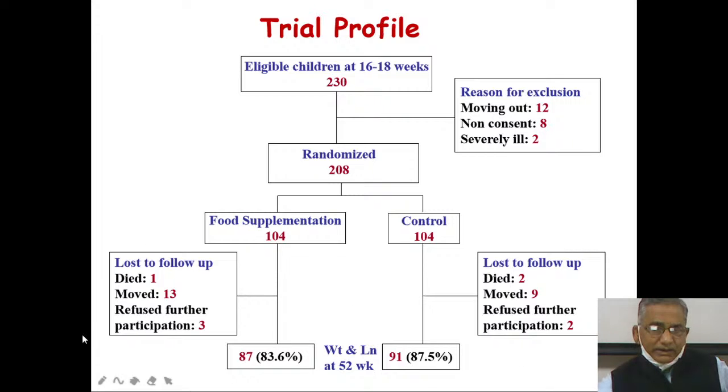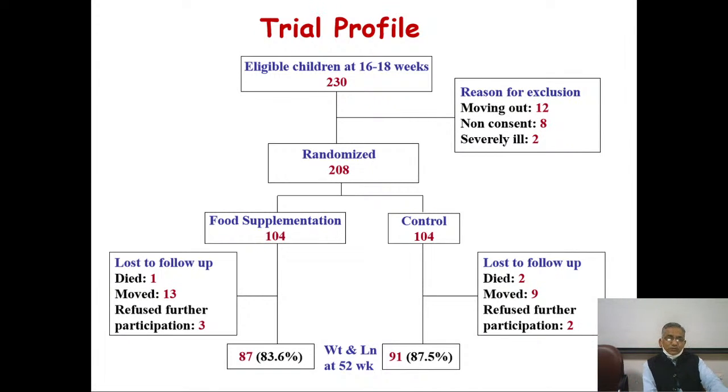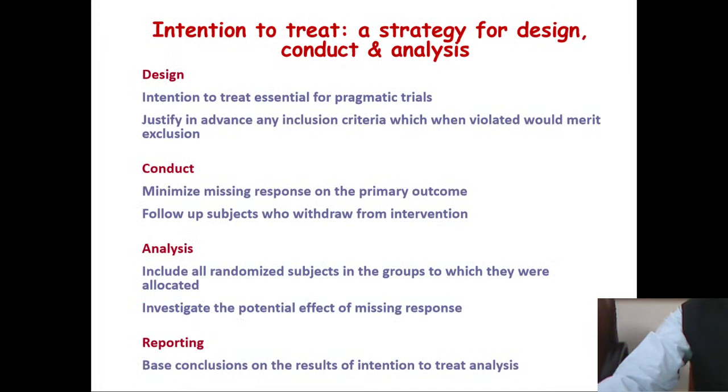So at different time points, what all was measured. That should also be reflected in your trial profile, which is also called the study flow chart. For a clinical trial, there is something called the CONSORT guideline. The CONSORT guideline has two parts. One is the CONSORT flow chart, the second is the CONSORT checklist. So this is the CONSORT flow chart, right?